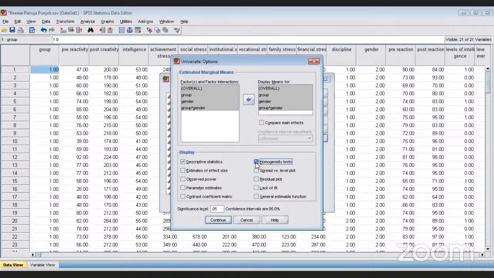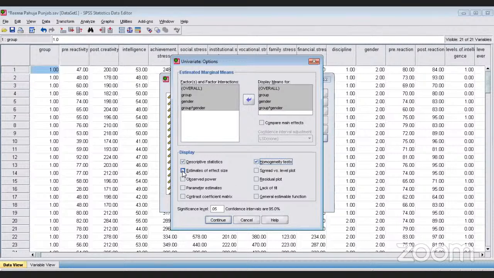If it is pre-creativity, then pre-creativity. If it is pre-weight, then it is pre-weight. If it is pre-hemoglobin, then it is pre-hemoglobin. Because after the treatment, the homogeneity will not be there. So this is an important point I am telling you.